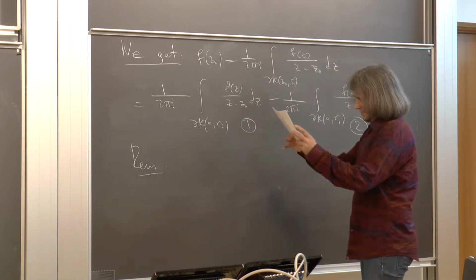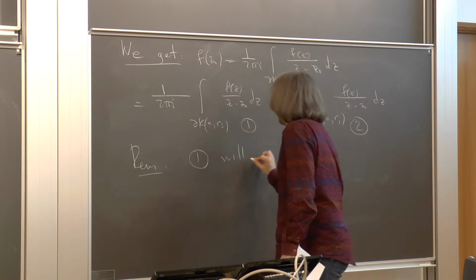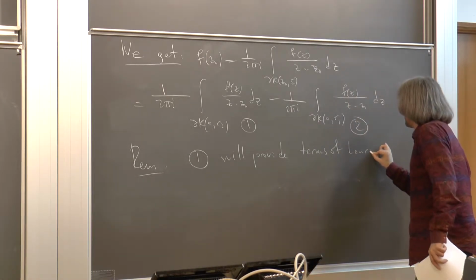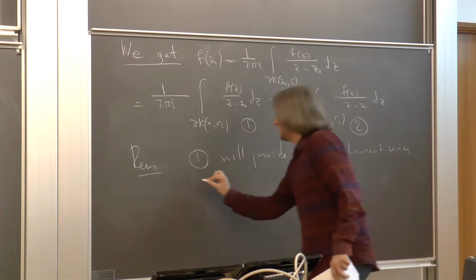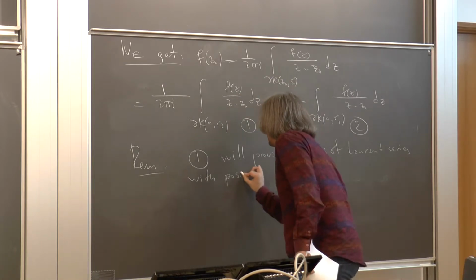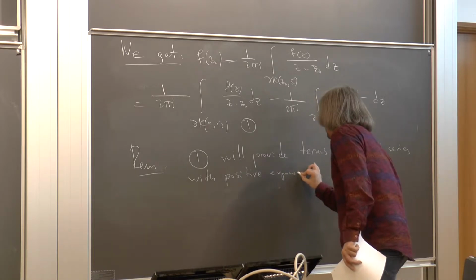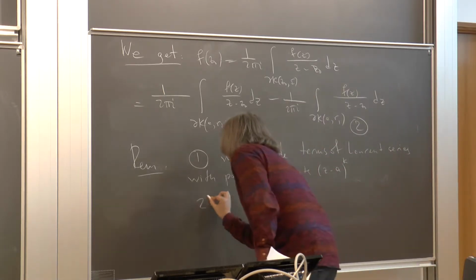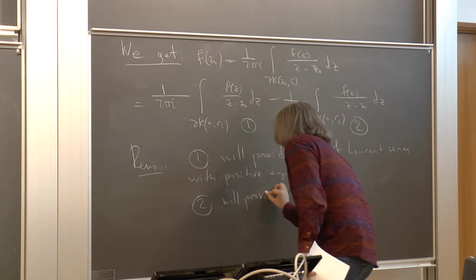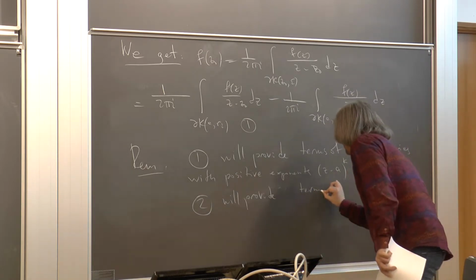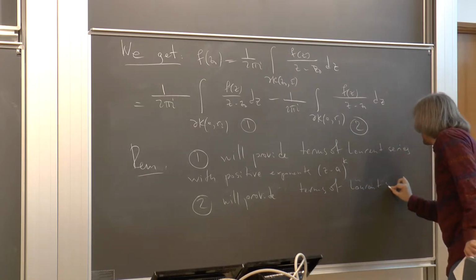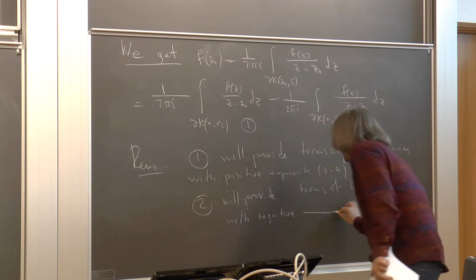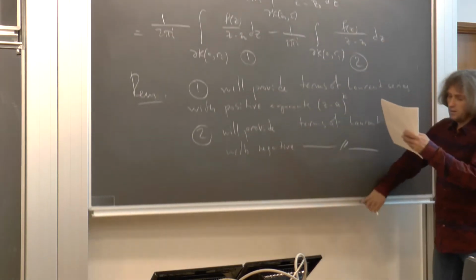Then 1 will provide the terms of the Laurent series with positive exponents of z minus a to the k, and 2 will provide the terms of the Laurent series with negative exponents. Okay, so this is the plan, but now let's realize it.